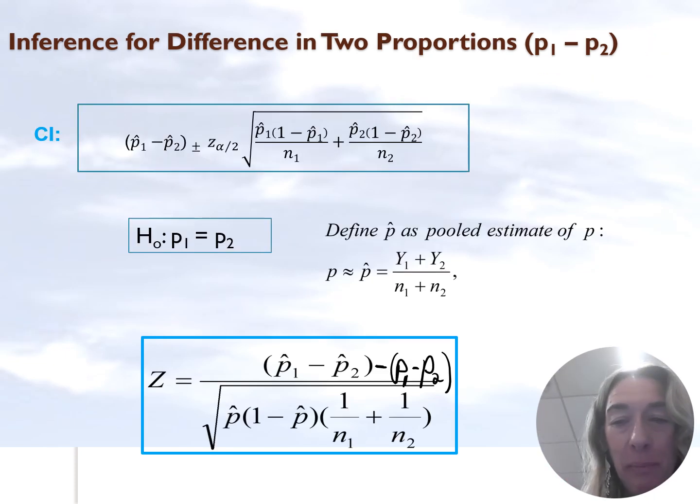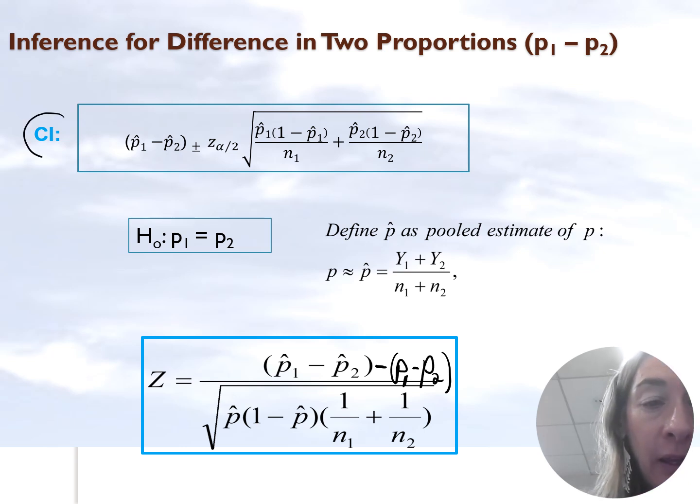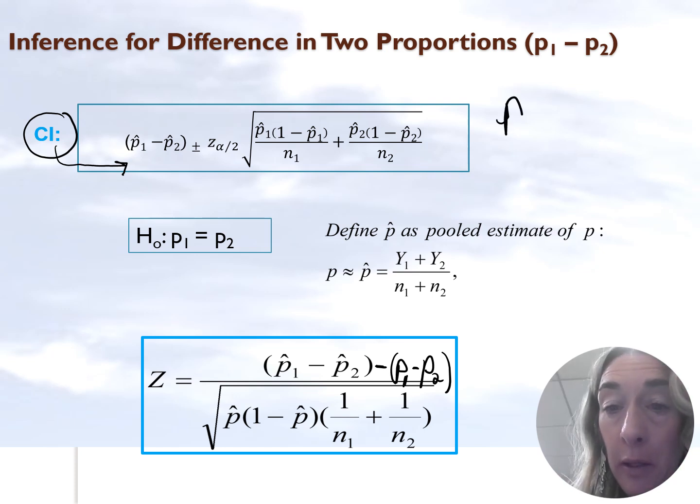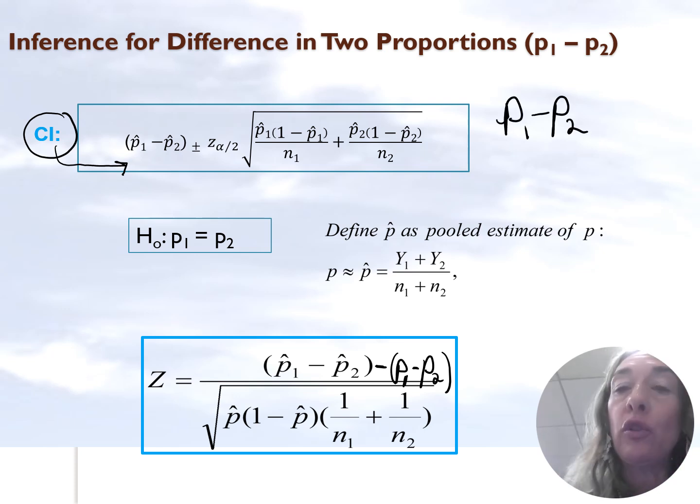I'm going to jog your memory a little bit. As you'll recall, this is how we calculated the confidence interval for P1 minus P2, or the population proportions from two independent populations.